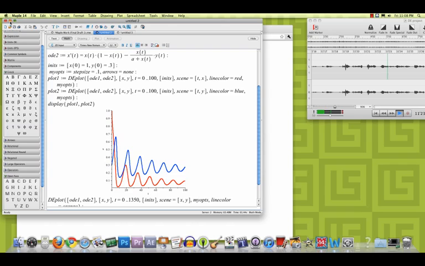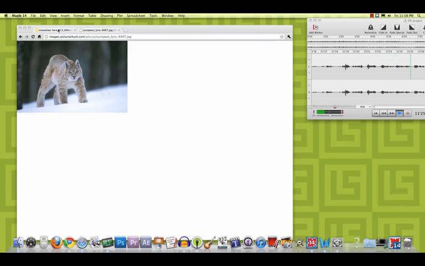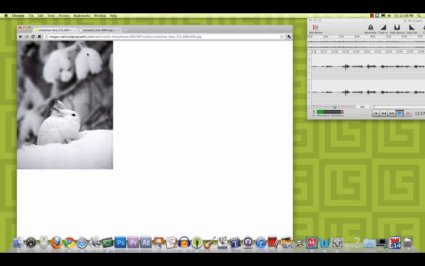In summary, you can see that no matter how many hares you were to infuse into this situation, they're always going to tend towards this equilibrium point. If you mess with the number of lynx, you get similar results.